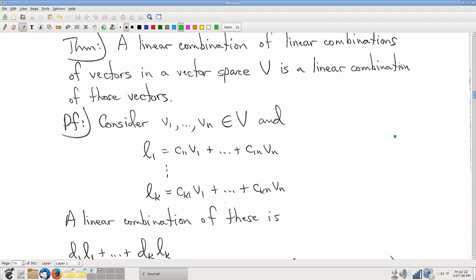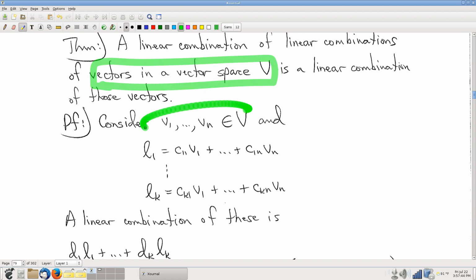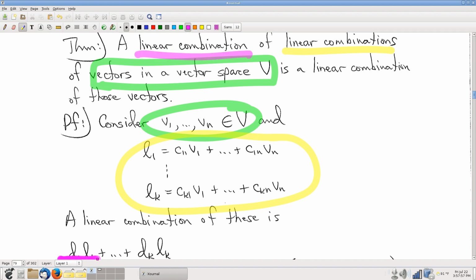completely. So here we go. Our vectors in a vector space. Here we'll look at linear combinations of those vectors in that vector space. We consider now what would happen if I took a linear combination of those linear combinations, right?